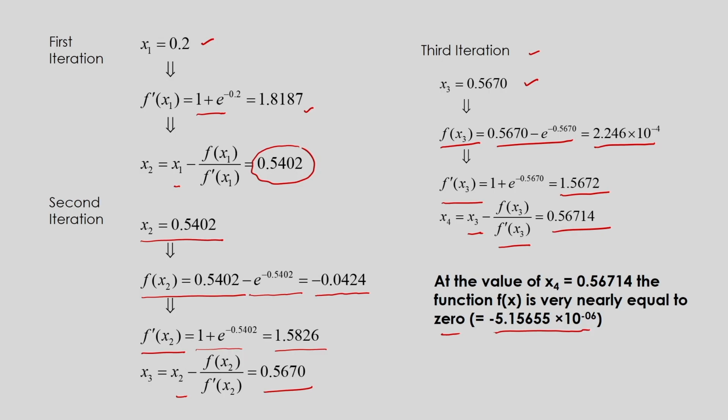So it is very near to 0. So that is why we can stop the iteration here, and we can consider that the solution of this equation will be 0.56714.